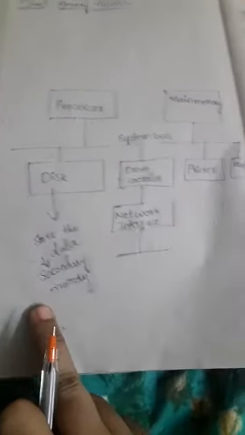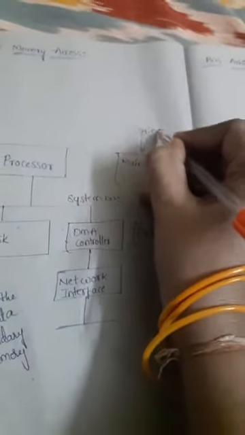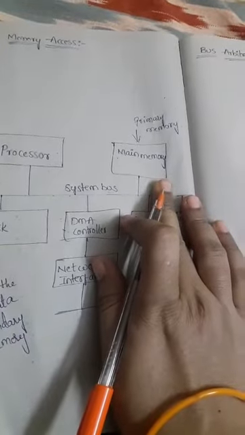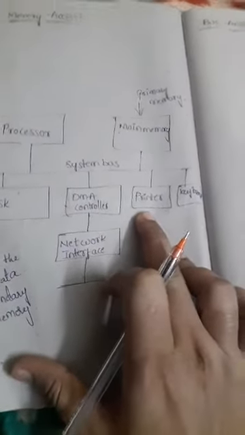And this one is our primary memory. So this we call primary memory, and the disk we call secondary memory. So it is clear. Now coming to the next, we have a printer and keyboard.